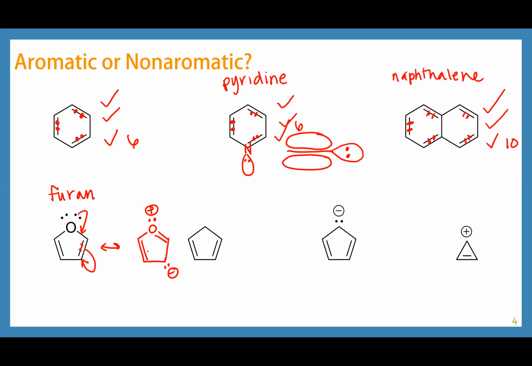Okay, so let's go through our checklist then. Is every atom in the cyclic arrangement, we're not going to ask if it's sp2. Let's ask instead, does every atom have an unhybridized p orbital? Yes, there has to be, otherwise there wouldn't be resonance here. Is this molecule planar or nearly planar? Yes.